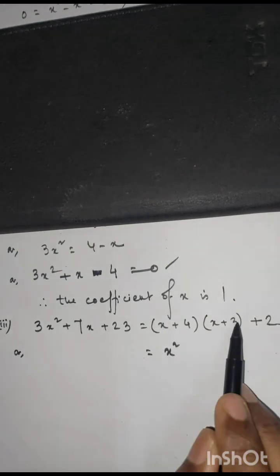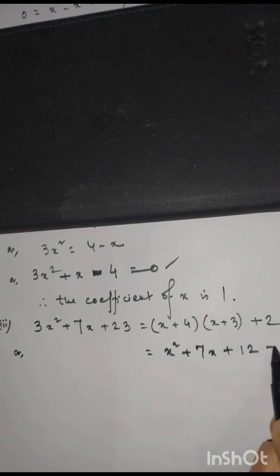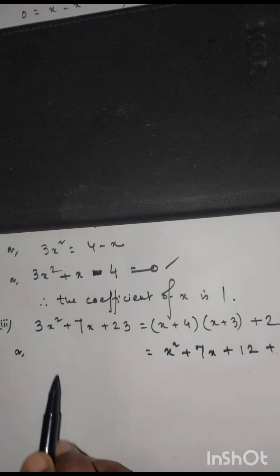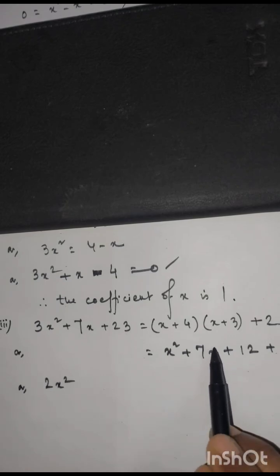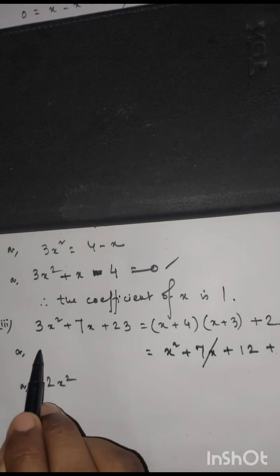So it becomes x square 3x plus 4x becomes 7x plus 12 plus 2. Okay, so now if we take x square to the left side, it becomes 2x square. 7x and plus 7x gets cancelled.